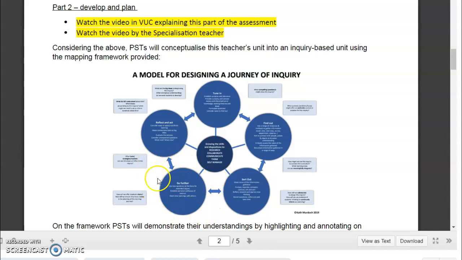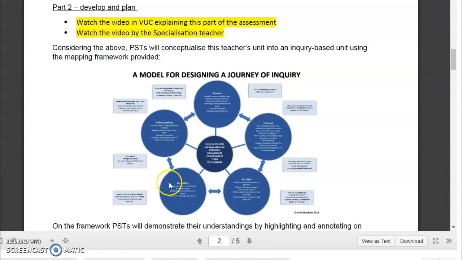Going further, for example, is a really important stage where students are putting in all of this learnt information from the first 3 stages. They're putting it together and doing something important with those learnings. So think about the importance of learning this motion topic, and what they could do with their new knowledge here.